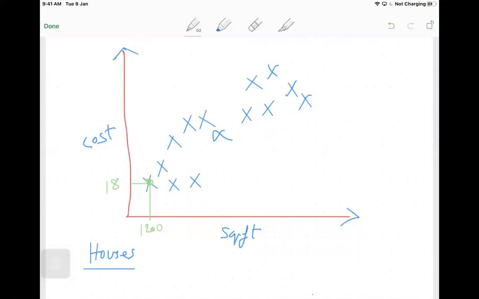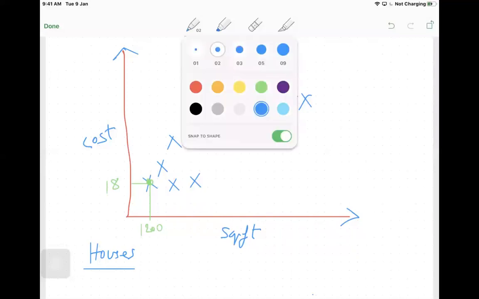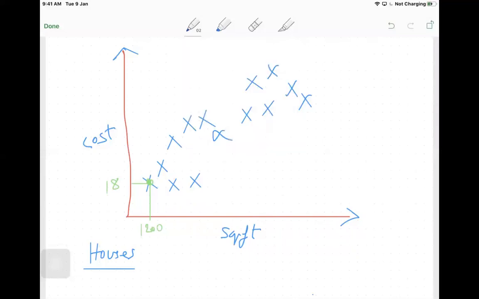Our objective right now is to try to fit a line. If I fit a line like this through the data, the advantage is that I can extend this line further.